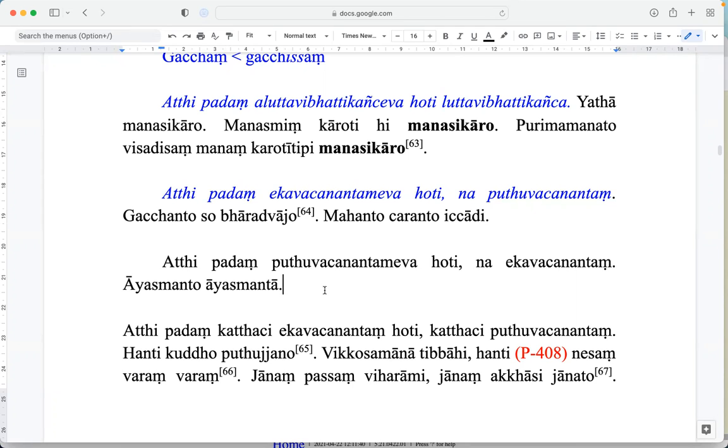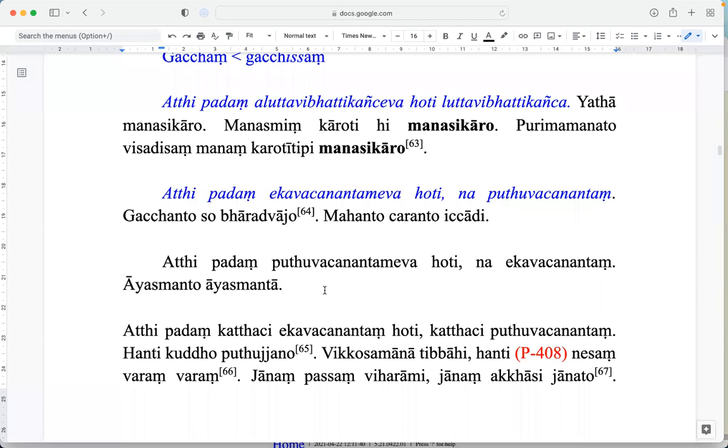So atibadan eka wajananda mewa hoti, na butu wajananda, not ending in the plural form, like satta or sahasa. Oh, no, sorry, like navudi or something. Maybe the same form, but a singular or sometimes plural.